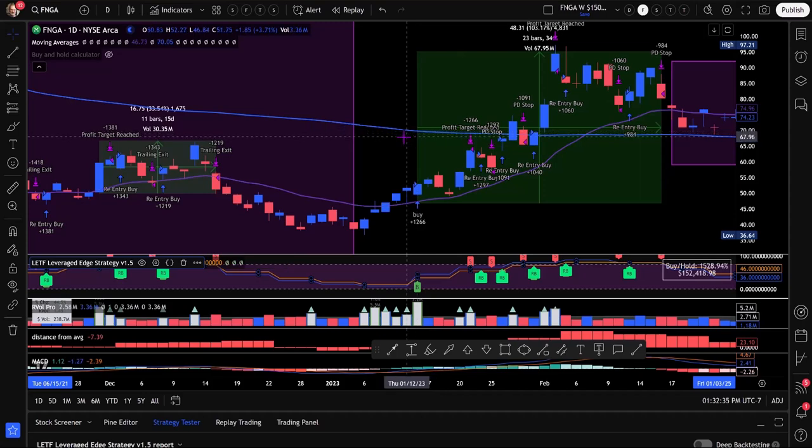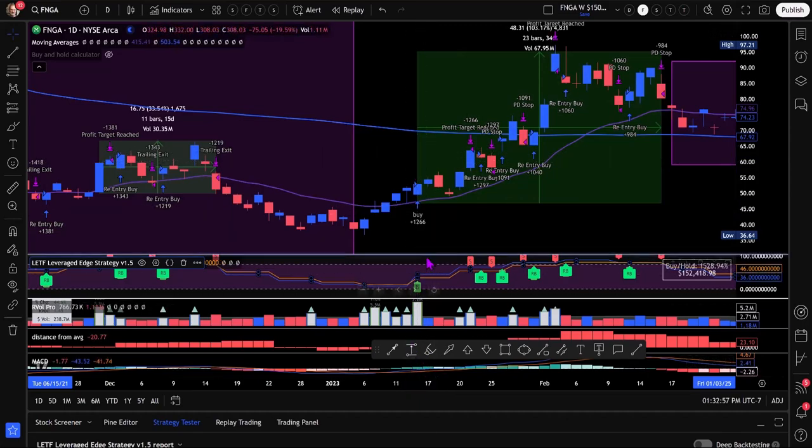So I'm showing right now a chart of FNGA weekly, and the blue line here is a 150-day moving average. The purple line is a 21-day moving average. And you can see right now I've got this buy.